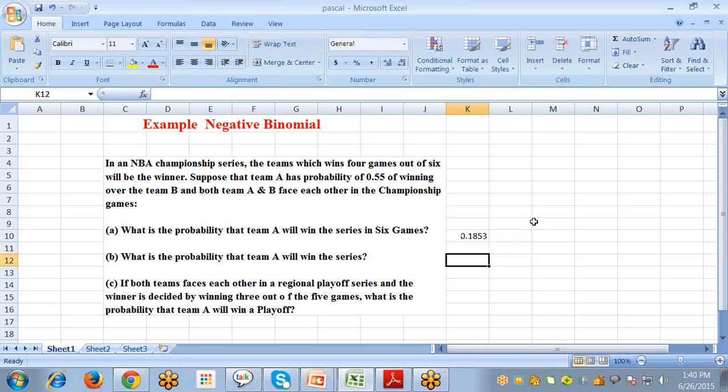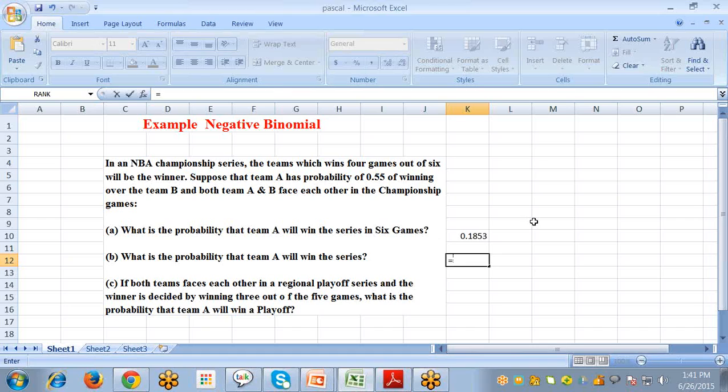Then we have another question: what is the probability that team A will win the series? That means the total number of series wins, so it must be calculated. The probability that team A wins the series is the sum of the probabilities that the matches it lost will be between 0 and 3.